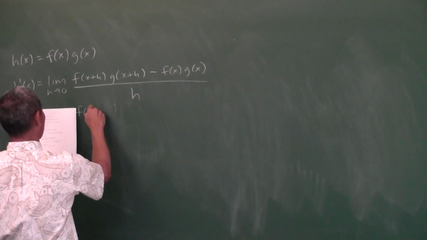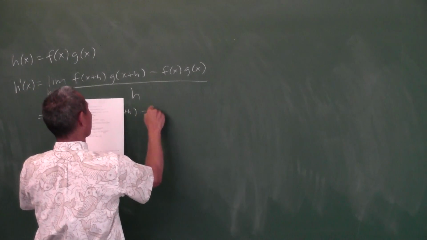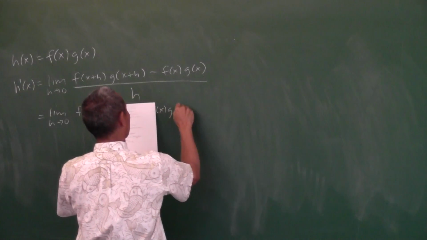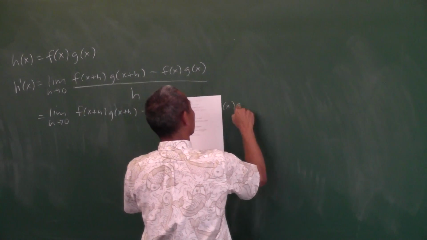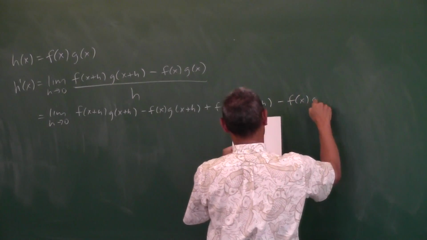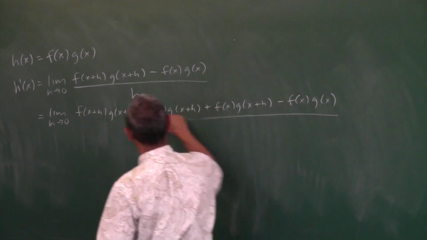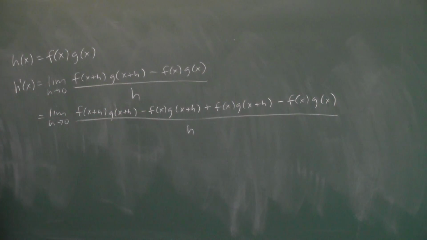All right, let me write it down. f of x plus h, g of x plus h, minus f of x, g of x plus h, plus f of x, g of x plus h, minus f of x, g of x. What did I do to get from this step to this step? Multiply by the conjugate?